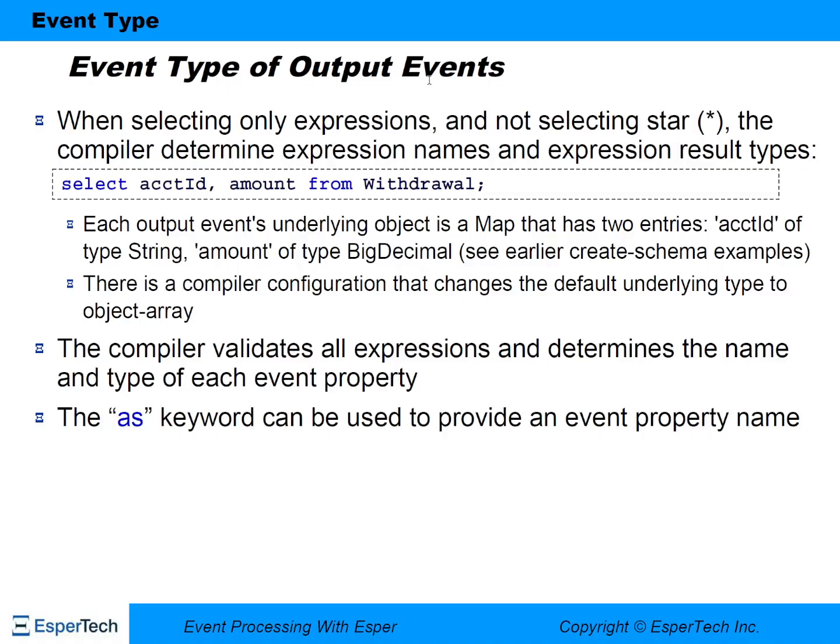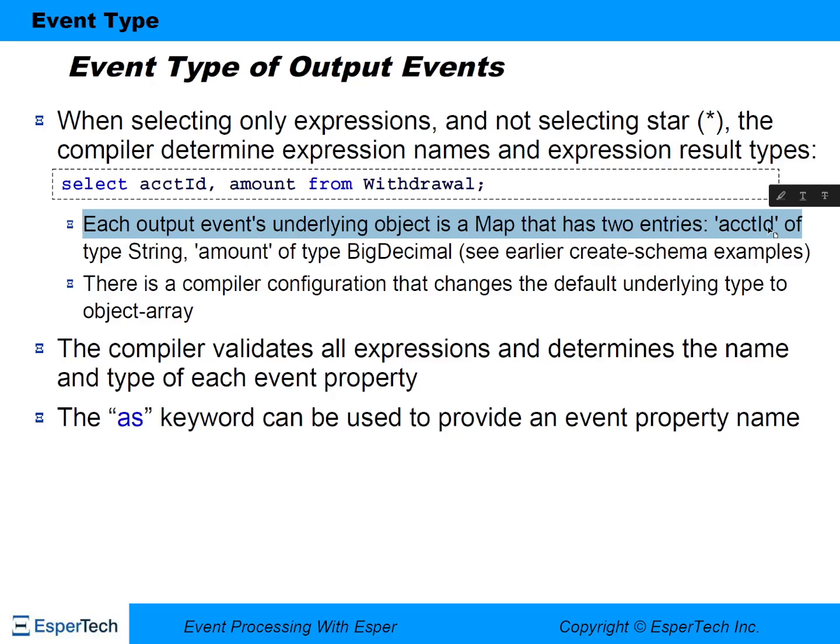When selecting only expressions, and not selecting star, the compiler determines expression names and expression result types. Consider the query: select accountId, amount from withdrawal. Each output event's underlying object is a map that has 2 entries, accountId of type string and amount of type BigDecimal.